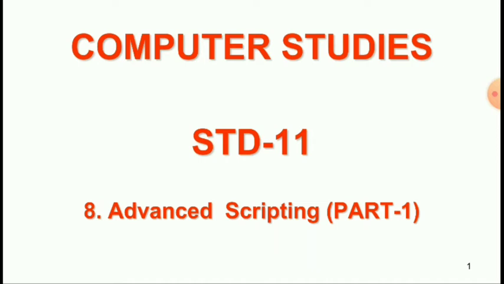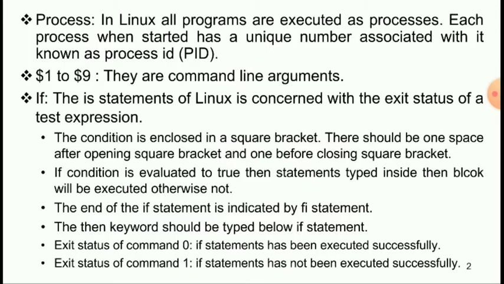So first is finding the process ID. In Linux, all executable programs stored on the hard disk are executed as processes loaded into memory and running. Each process, when started, has a unique number associated with it known as a process ID. So PID is the process ID.